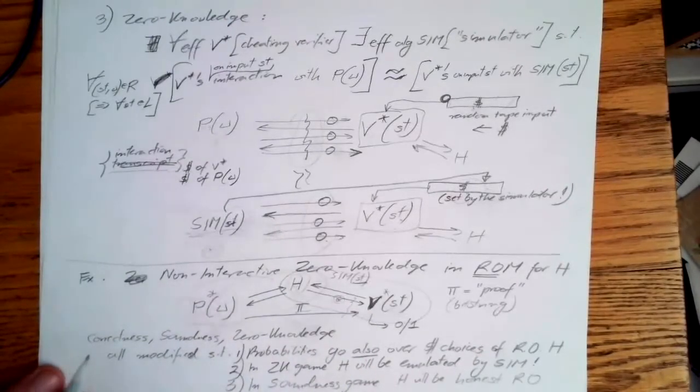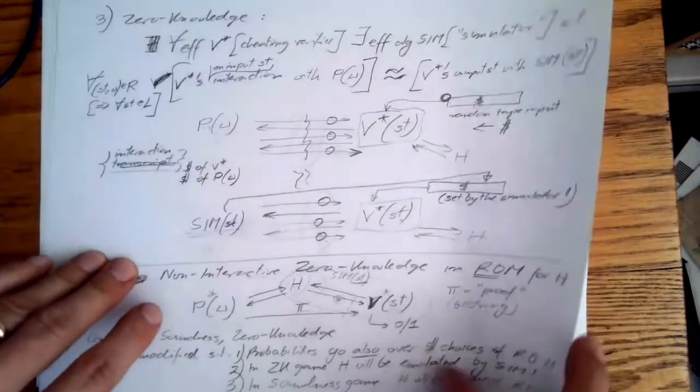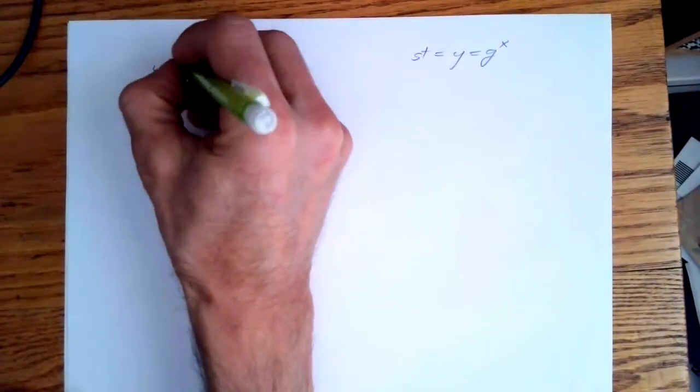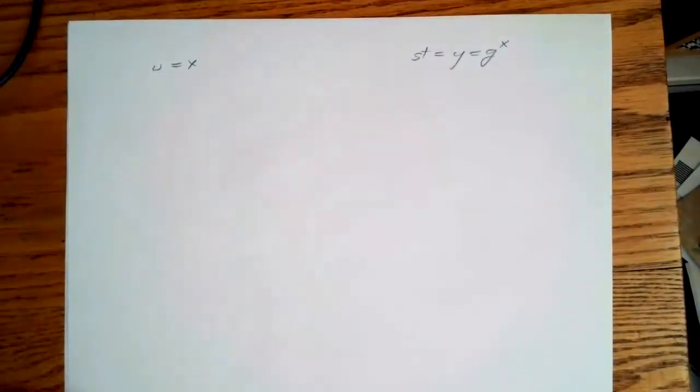Yes? Okay, so finally, and this proof, right? Okay, so let's take a statement to be y = g to the x and the witness x.